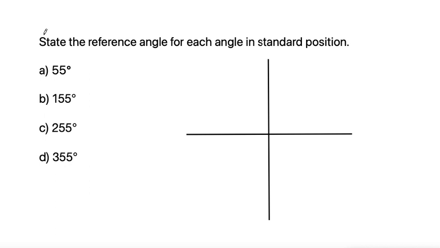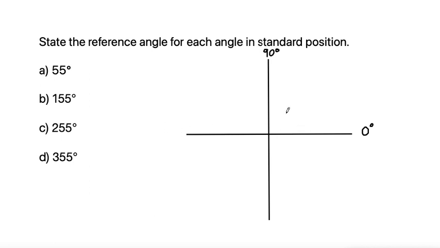So this problem says to state the reference angle for each angle in standard position. The first standard position angle that's given is 55 degrees. So we know that the positive x-axis is considered 0 degrees. Then once you're going in the counterclockwise direction, this is a 90-degree axis.